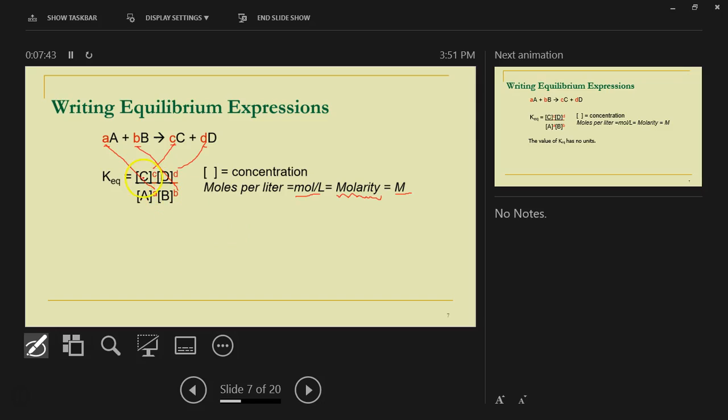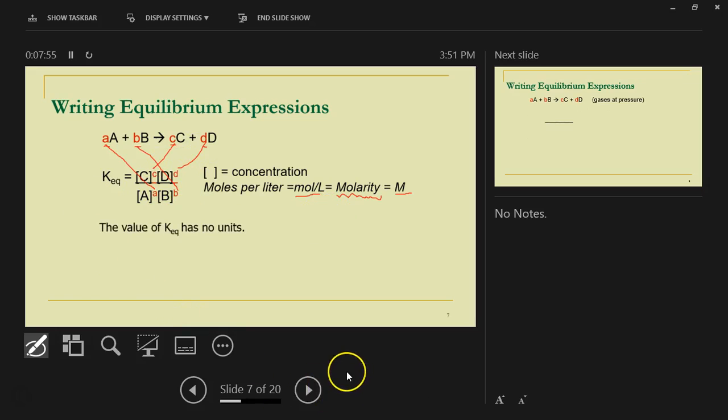And because all of these components have the same units of moles per liter, when you divide them, Keq doesn't have any units. You know that we're sticklers for units, so remember the Keq doesn't have any units.